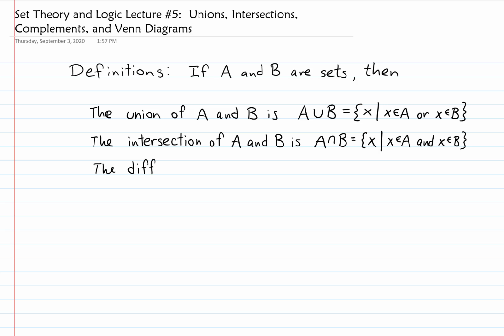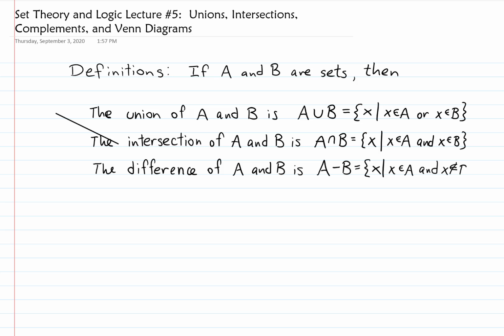The difference of A and B is different than the difference of B and A. Okay, the difference of A and B, we write it like this, A minus B. And it's the set of all x such that x is in A and not in B. All right, so those are three important concepts.